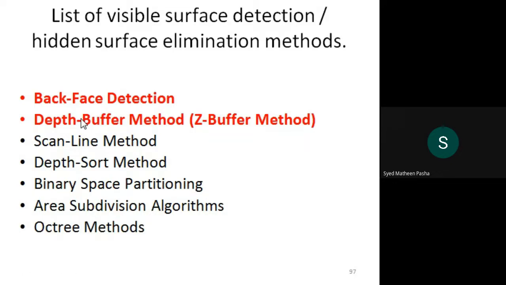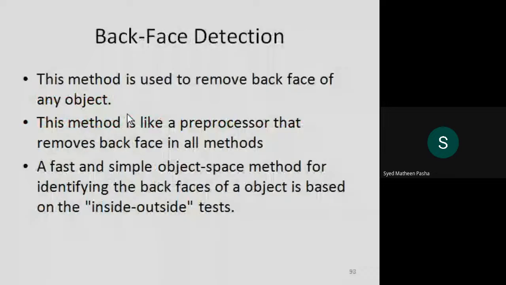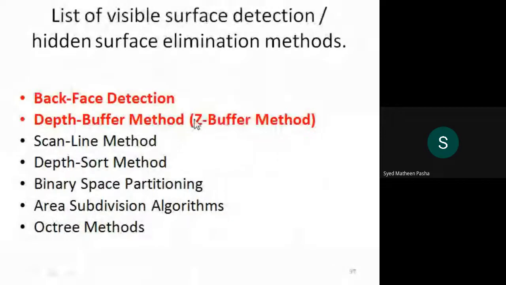The other methods are also good in comparison, but in your syllabus only these two are explained in detail. Check out here, the Z buffer method is also called the depth buffer method. Do remember, they might ask you about the Z buffer or depth buffer as well. So these are the two algorithms we are studying in this module.